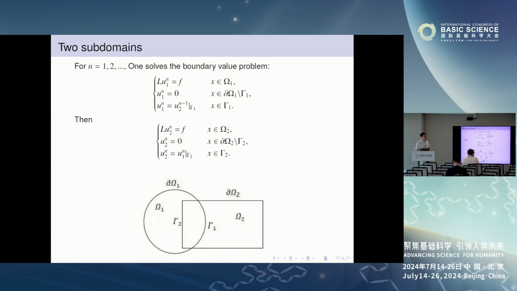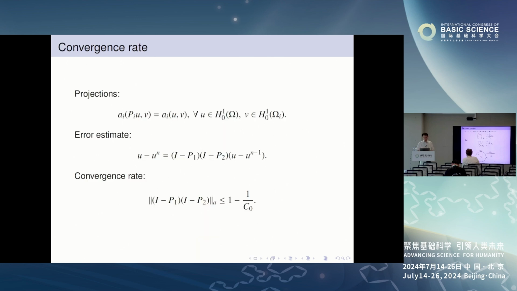So you get a series Un. This Un you should prove is convergent to the original equation solution. Right? In this case, this is a very important idea from Pierre Lions. He introduced the projection, this energy projection from the whole space H01 to the subspace H01(omega i).